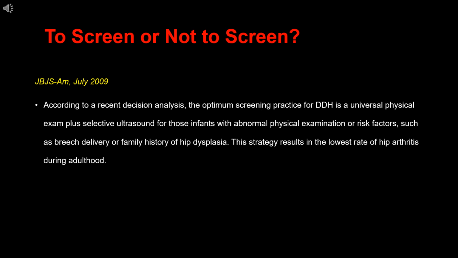According to a recent decision analysis, the optimum screening practice for DDH is universal physical examination plus selective ultrasound for those infants with an abnormal physical examination or risk factors such as breech delivery or a family history of dysplasia. This strategy results in the lowest rate of hip arthritis during childhood. I think this should be done by the pediatrician during immunization follow-up.